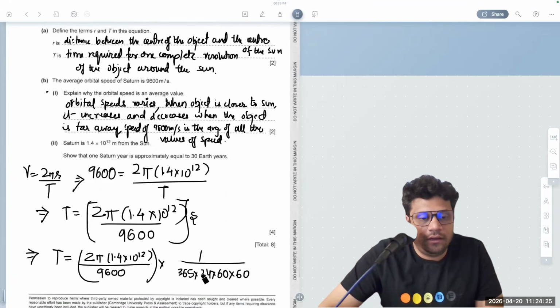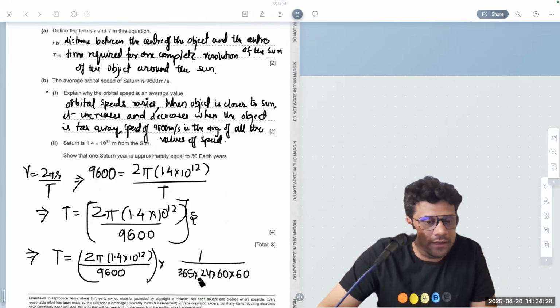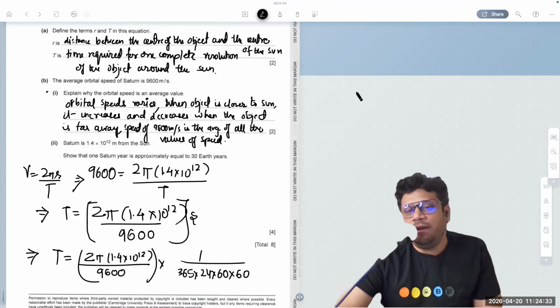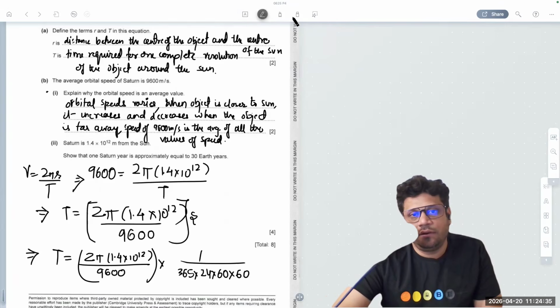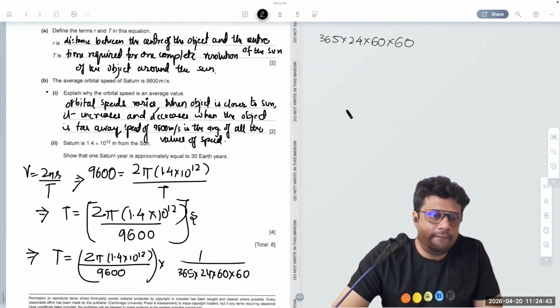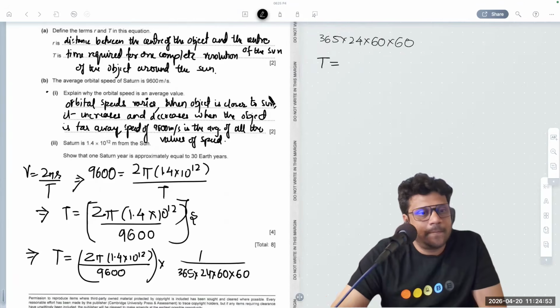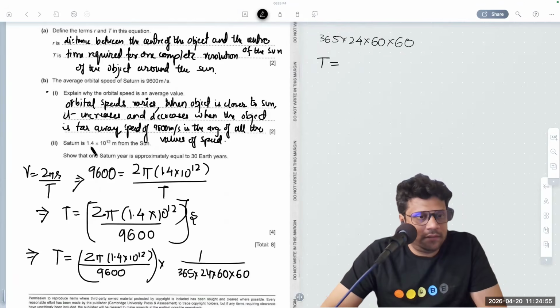Okay, hold on. I need to be a little better at this. How many seconds do we have in a year? 365 days, 24 hours, 60 minutes, 60 seconds. So Saturn is 1.4 into 10 to the power of 12 meters from the sun.